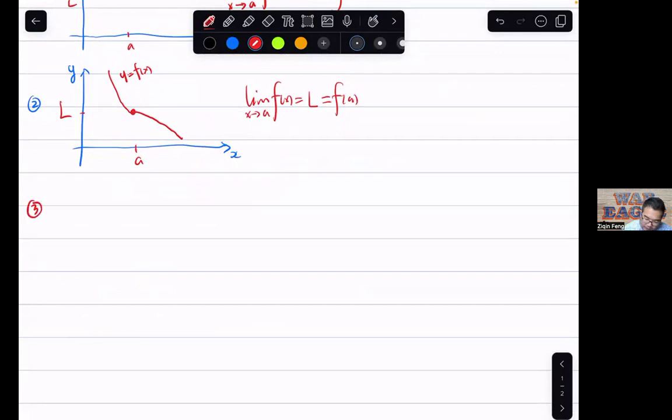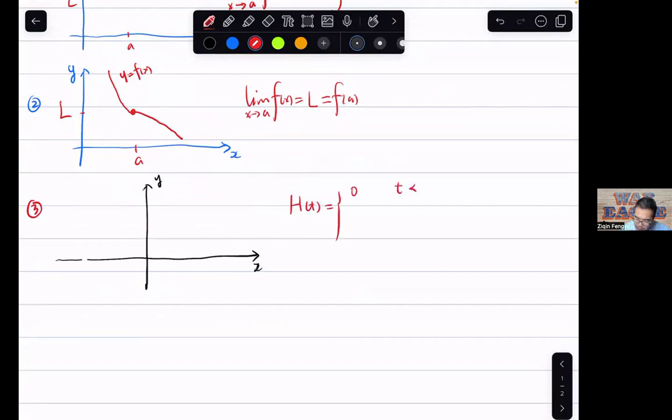So let's see this. This is our y-axis. This is our x-axis. Let's try to write down the formula for our function. This is coming from the Heaviside function: h of t equals 0 for t less than 0, and 1 for t greater than or equal to 0.